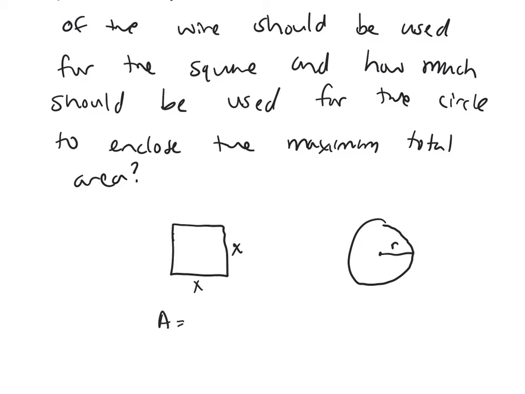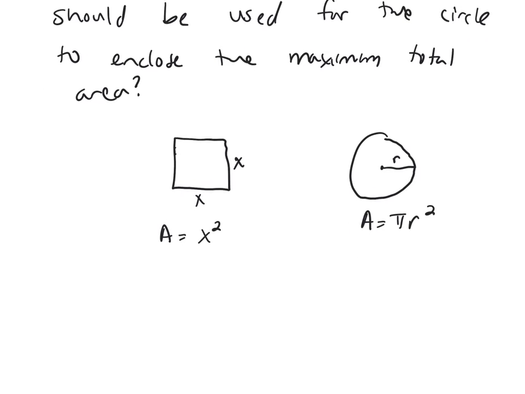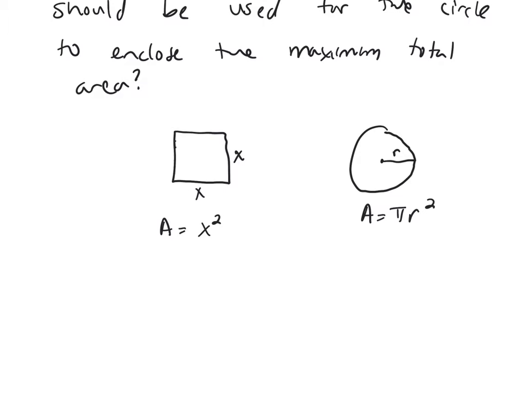The area would be X squared here. What's the area for a circle? It's pi r squared. So we're told to maximize total area. So we want to maximize formula A, the total area, which is X squared plus pi r squared.